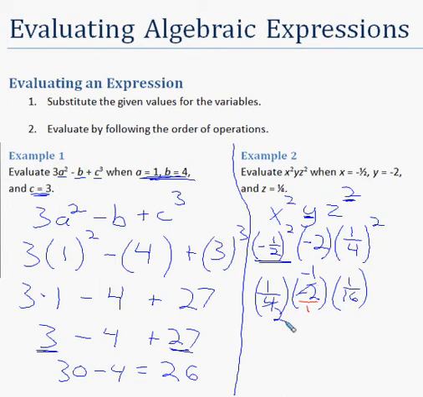Multiplying across, we have 1 times negative 1 times 1, which is negative 1, over 2 times 1 times 16, which is 32. So we have negative 1 over 32, which we also could think of as a negative divided by a positive is negative, so we could put the negative out front. So evaluating expressions is just substituting the given value in for the variable and then figuring it out using the order of operations.